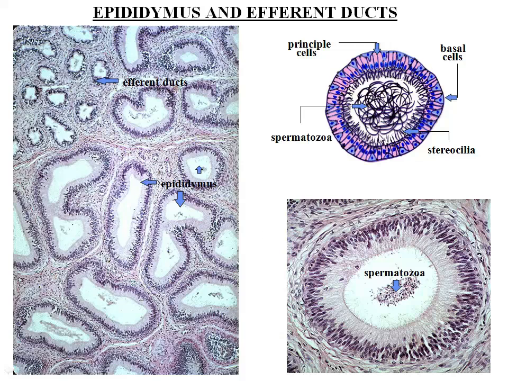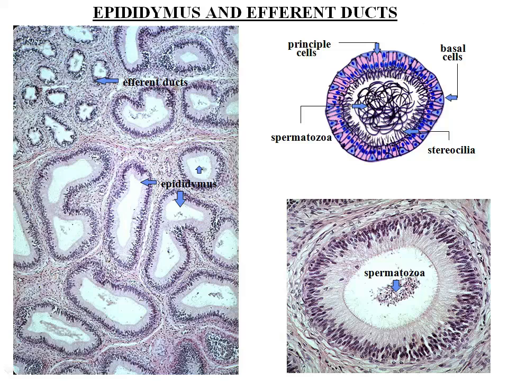Diagrammatically, in the cross section of the epididymis, centrally these are the mature sperm, spermatozoa. You can mark the empty cavity as the lumen. Then there is the basal cell layer and basement membrane, and the principal cells are pseudostratified stereociliated columnar epithelial cells.